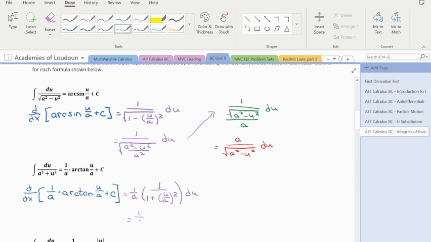With a little simplification, we have 1 over a times 1 over a squared plus u squared over a squared du, which gives us 1 over a on the outside, times a squared over a squared plus u squared du. Last simplification, we have 1 over a squared plus u squared du.